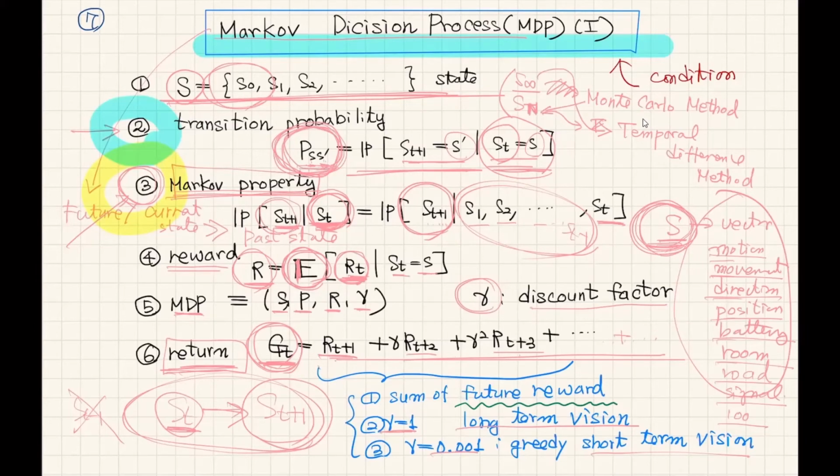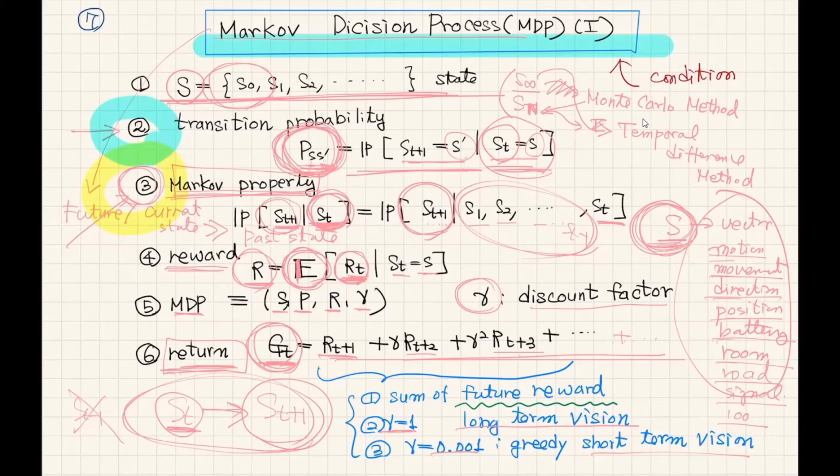This probability we don't know, but during the training in reinforcement learning, we try again and again and accumulate experience. Sometimes we are using the Monte Carlo method, sometimes the temporal difference method. We accumulate experience to find the transition probability S to S dash, which can give us the best reward. That is the purpose of our deep reinforcement learning, and that agent will be described by a deep neural network.